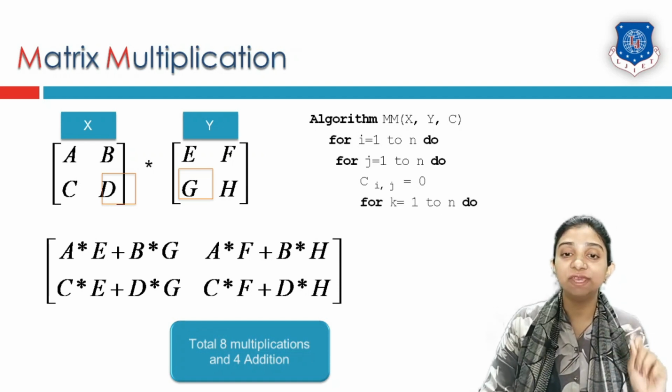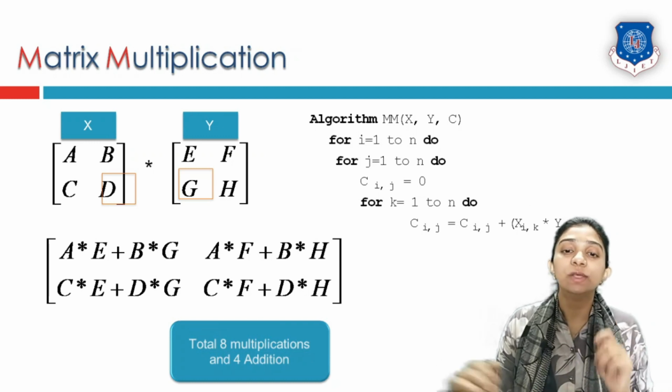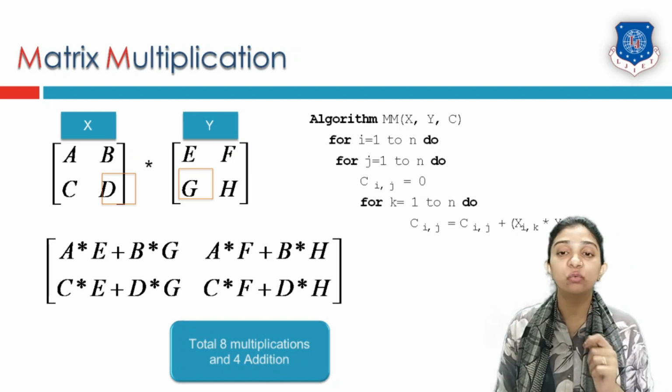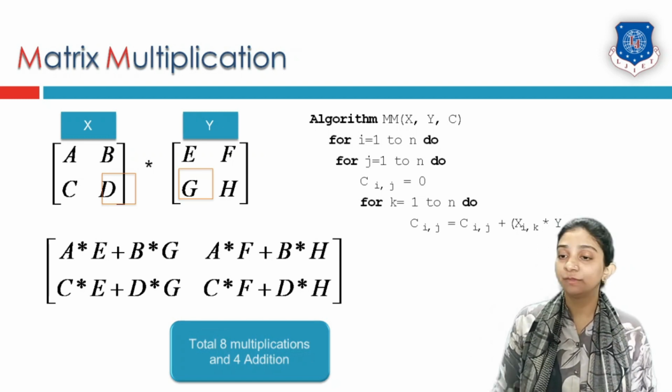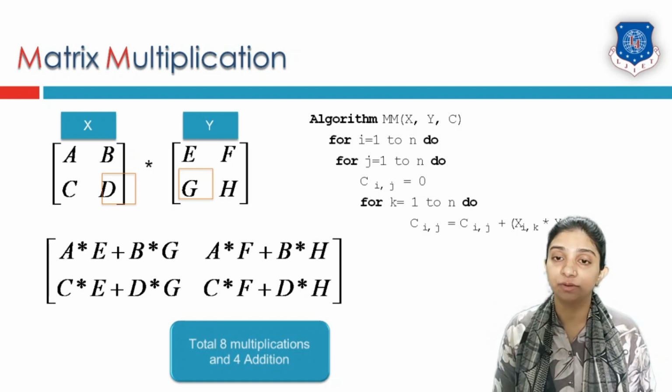Now for k equal to 1 to n, C of ij is equal to C of ij plus x of ik into y of kj. So this is the standard matrix multiplication algorithm.